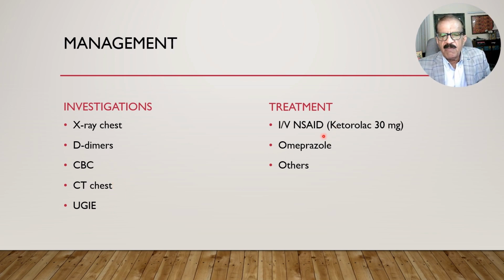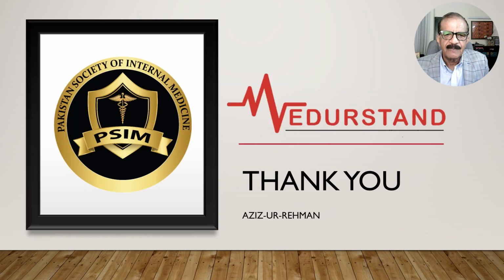And the treatment may be an IV non-steroidal anti-inflammatory drug. I love this salt called ketorolac, a very, very effective painkiller and very easy to give, and omeprazole and others as per need. So for the non-coronary patient, of course, this is a big group and one lecture cannot cover all these conditions, but I think some reassurance will be given and this treatment will be given.